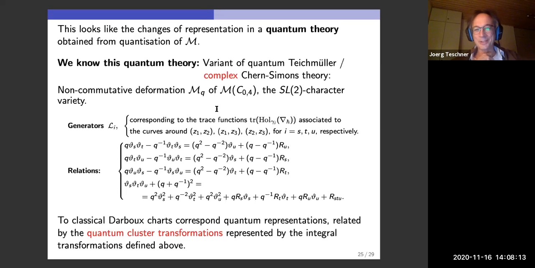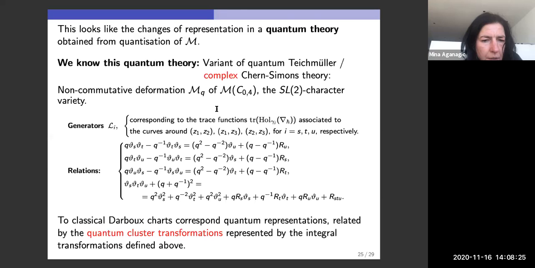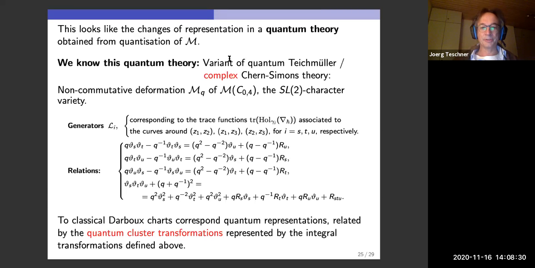I mean, it's not unrelated, but of course the type of interpretation is quite a different one. And we are actually in a different regime, which is quite important. It's not exactly the same story. So this is why I wrote here variant.